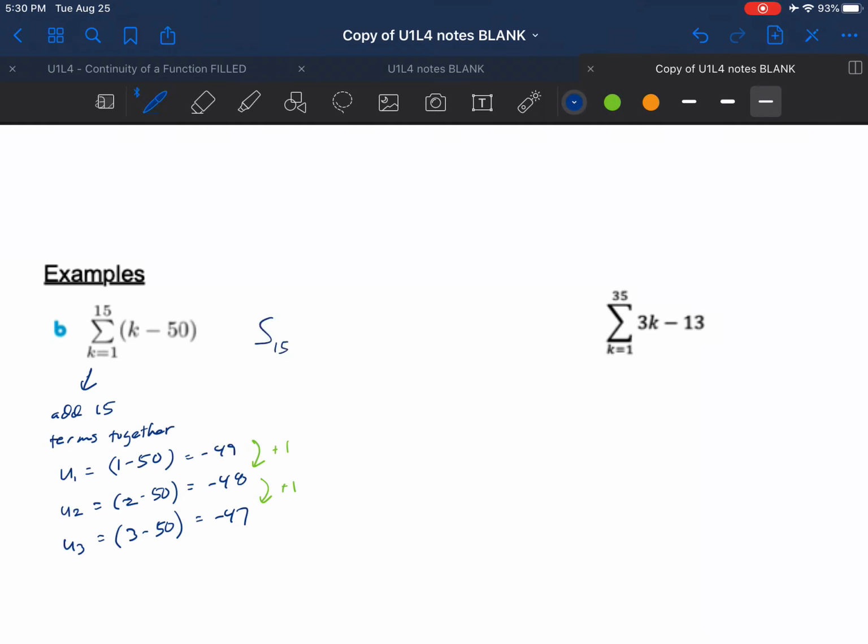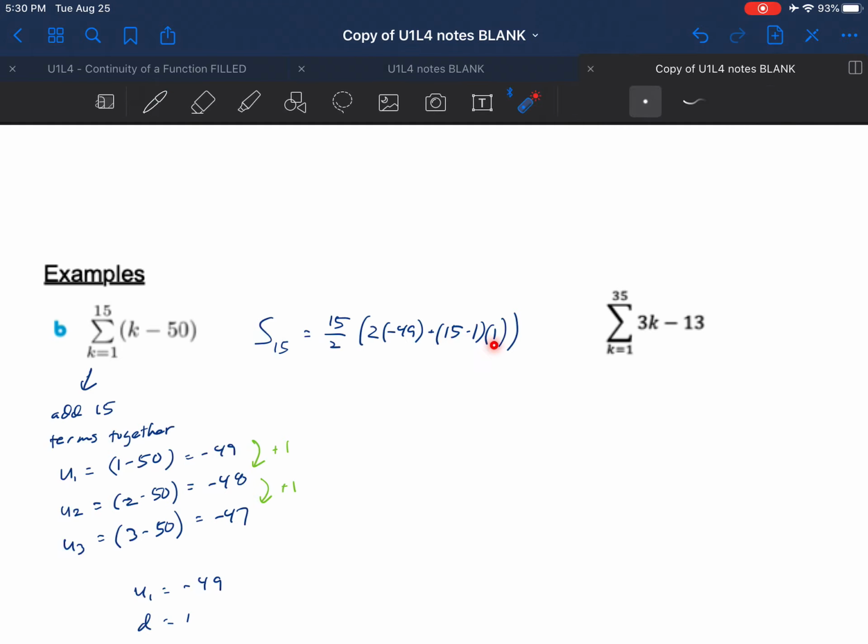I want to sum the first 15 terms, and I know that that's going to equal 15 over 2. And now I know that U1 is negative 49, and the common difference is 1. So this is going to be 2 times negative 49 plus 15 minus 1 times 1.